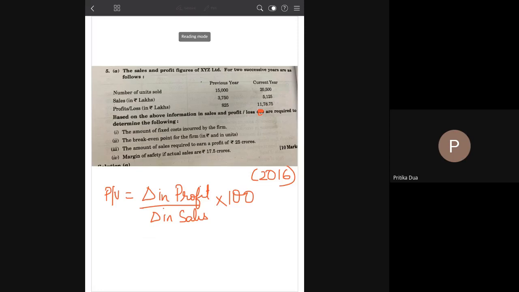So step 1 would be calculation of PV ratio. How much is it coming to?